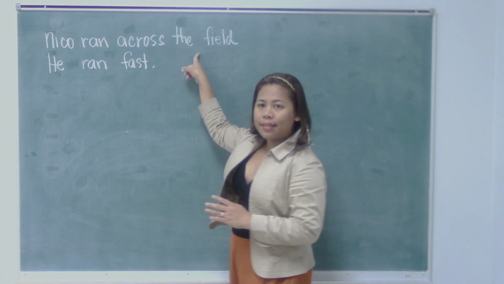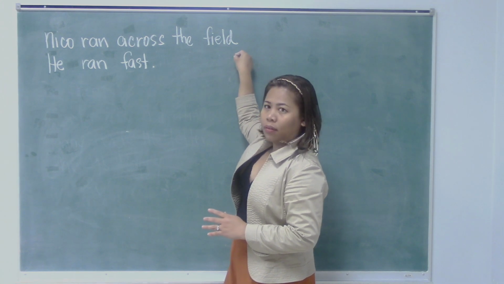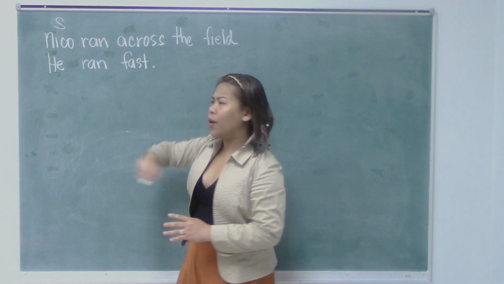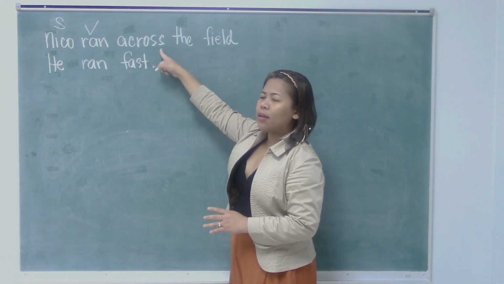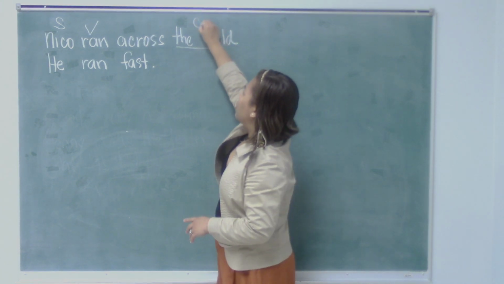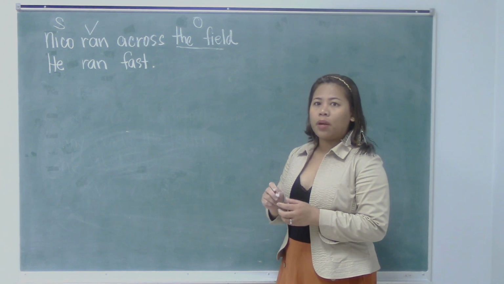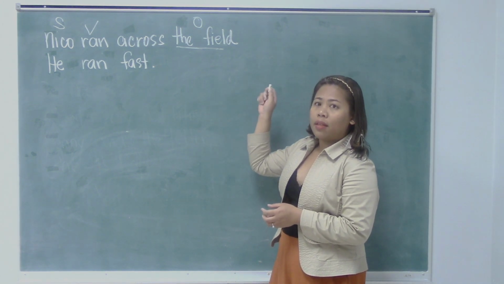So, in the first sentence, Nico ran across the field. Our subject, Nico. Verb, ran. Across the field, across is a preposition, but our object is the field. This is the object. So what did we say? In conversational Filipino, the pattern would be verb, subject, and then object.